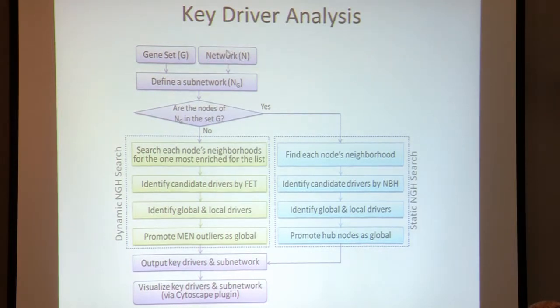So it is important to have relevant networks here. The protein interaction network is probably the most frequently used network for almost all studies for different diseases, but that is probably not tissue specific. It is not disease specific.